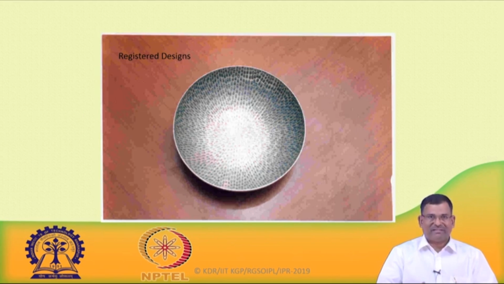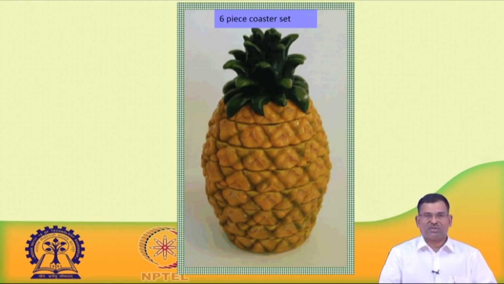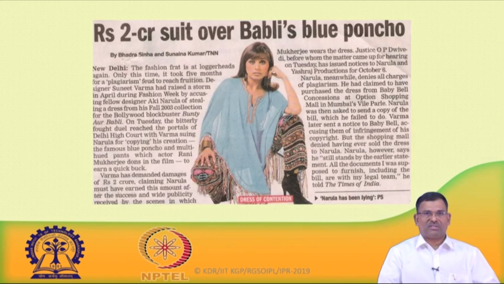That means the patterns in a vessel can also be registered as a design. And you can see this is a 6-piece coaster set. Everything is a coaster set, but it is in the shape of a pineapple. So, this can very well be registered as a design, because the aesthetic aspect is very important, and it gives you an intellectual property right on designs.